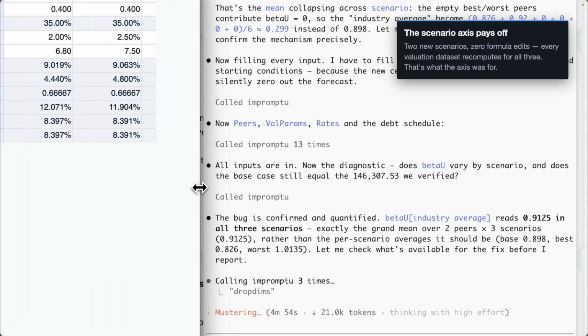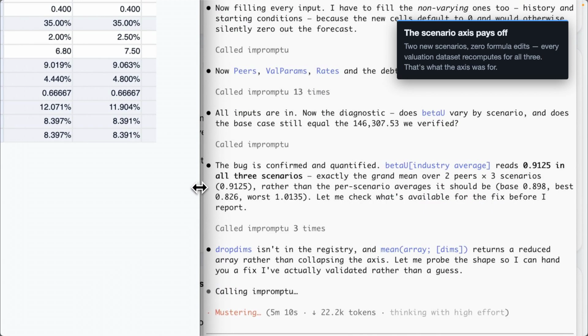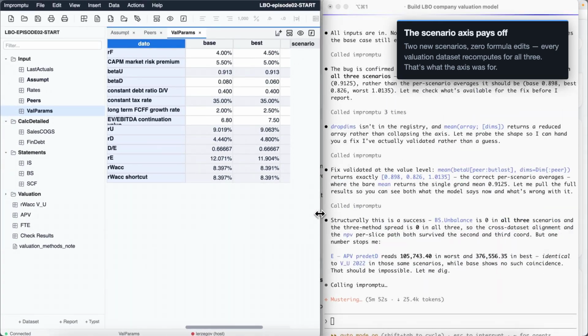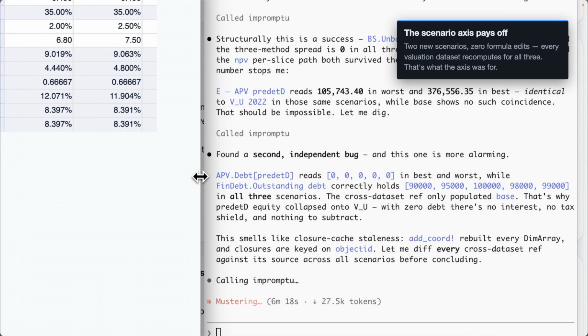But look, there are some issues. 2 bugs were found. One is about the formula computing the average industry beta, and the other one is about the data from the predetermined debt schedule.